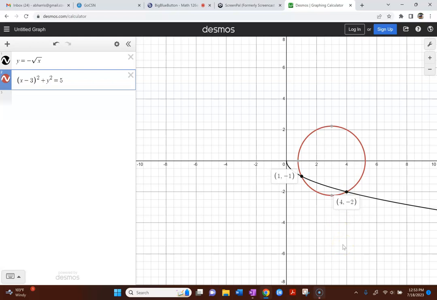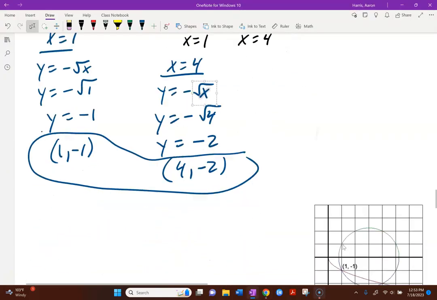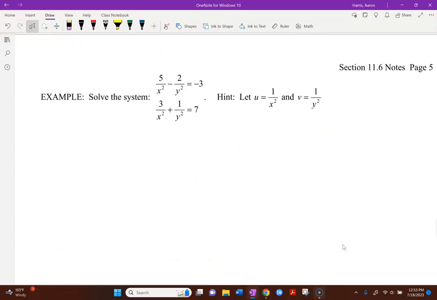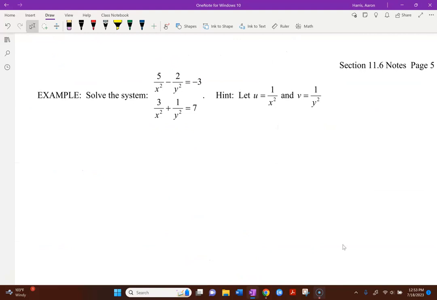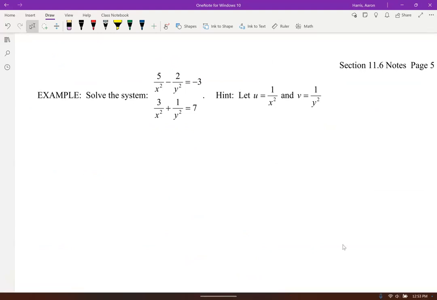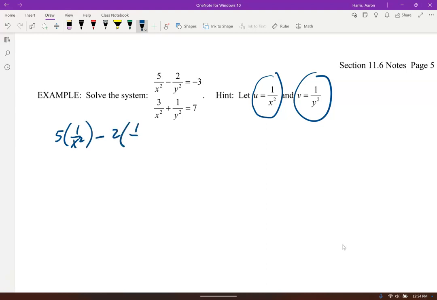All right, let's do this one last one here. We've got 5 over x squared minus 2 over y squared equals negative 3. What I'm going to do is let u be this and v be that. In other words, I have 5 times this minus 2 times that equals negative 3.